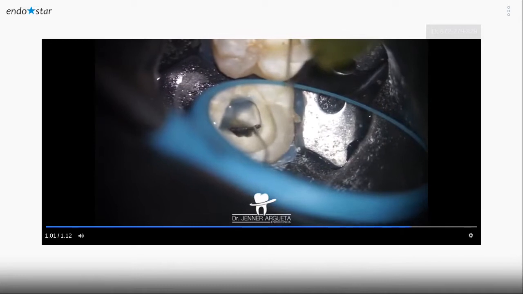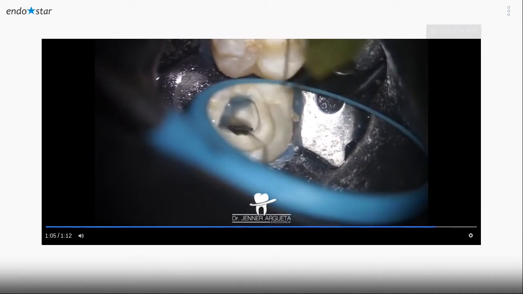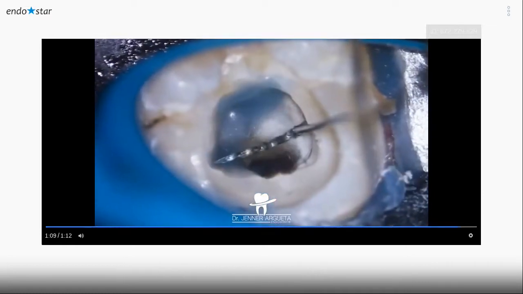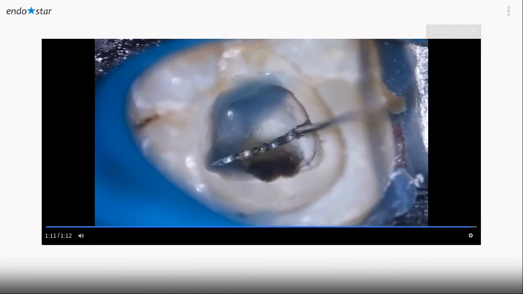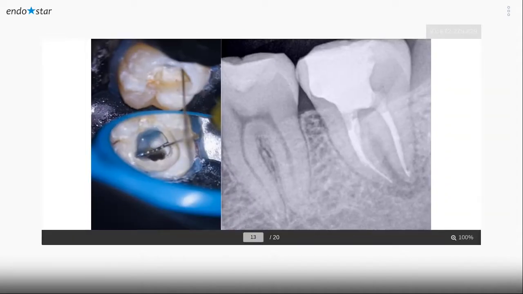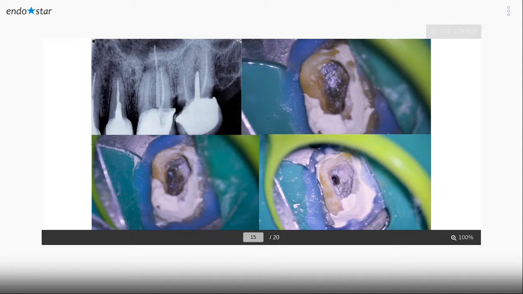It was a big fragment. It was a very long fragment. When the fragment is long, it's much more difficult to take it out. If the fragment is small, sometimes it's just needed to use the ultrasonics, and the tip will go out from the root canal system.